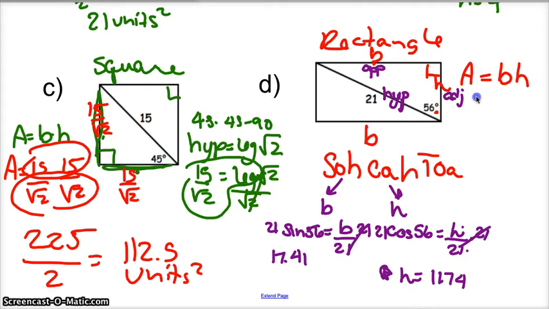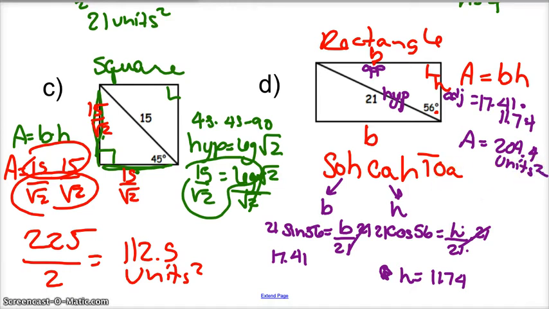So I take my base times my height, and area ends up equaling 204.4 units squared, assuming I didn't screw up anywhere.